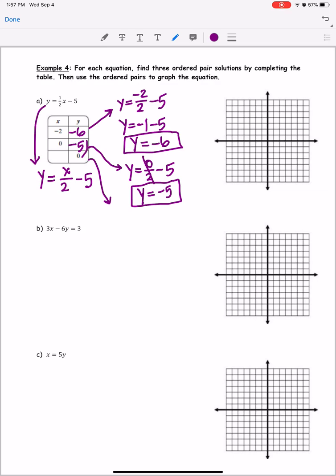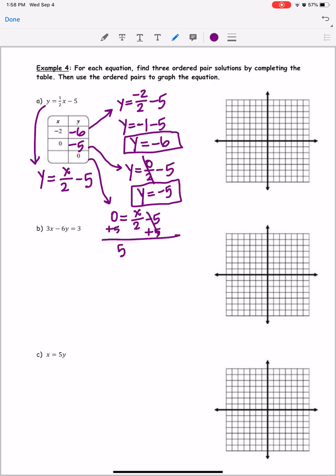And then this one down here. Now this is the first time that we know y. Y is 0. So in place of this right here, we've got 0 equals x over 2 minus 5, since I'm solving for x. So this one takes a little bit of algebra. We're going to add over the 5.